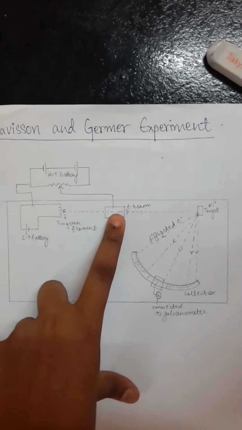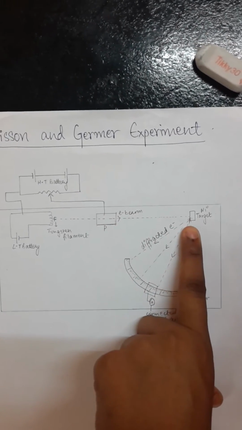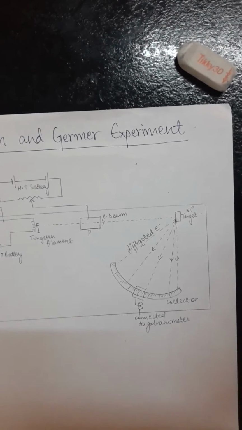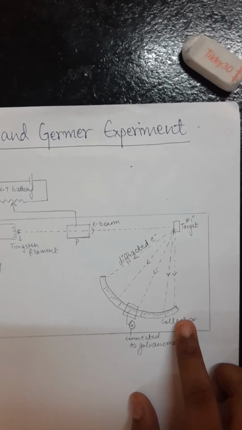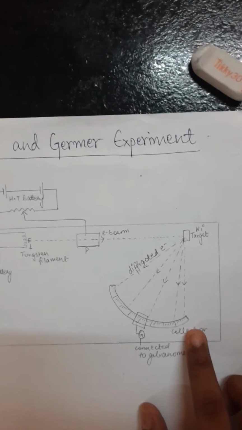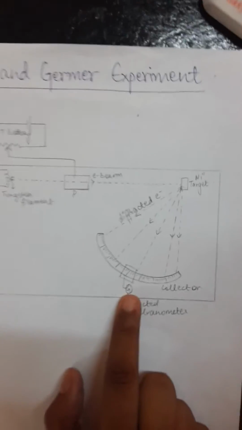Electrons are collimated into a single beam by passing them through slits. Now they are made to strike the nickel target, which can rotate about its axis perpendicular to the plane of paper. The collector is basically a Faraday cylinder which measures the intensity of electrons scattered by the nickel target. This collector is connected to the galvanometer.